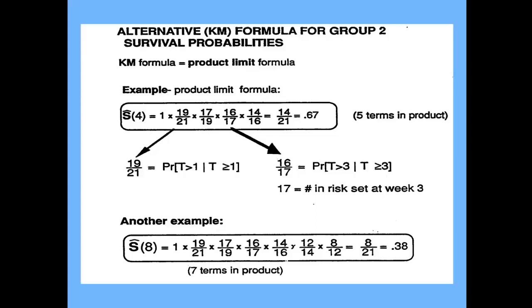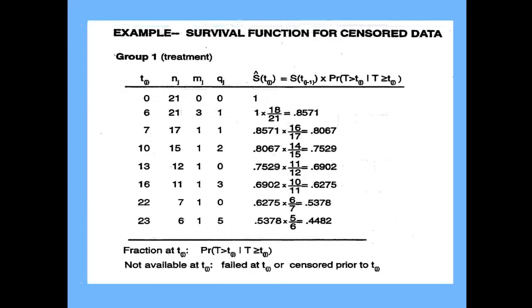If 2 people fail, there's 19 now. How many of those 19 people survive? 17. So once you get past the first one, then you have 19 left, and 17 of the 19 were still around. And then once you have 2 more, then there's 17 left. And 16 of the 17, if you keep looking at these, 16 of the 17.